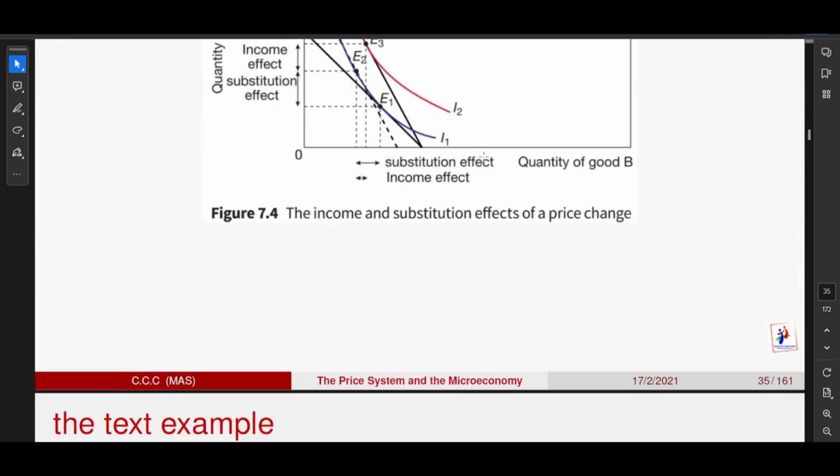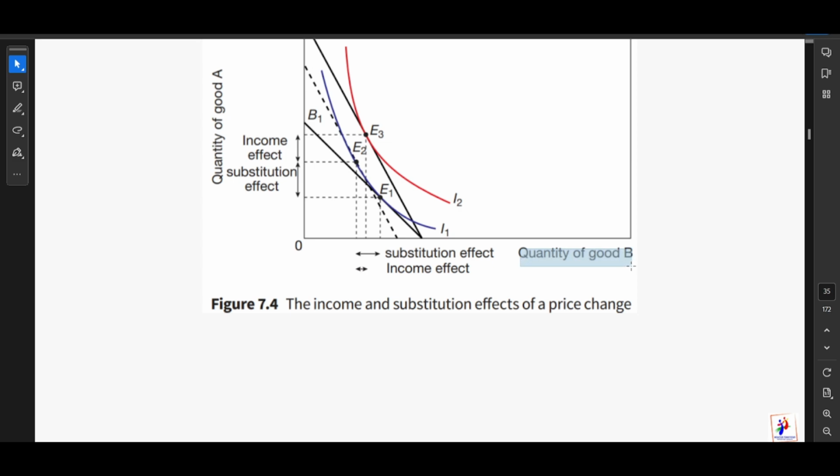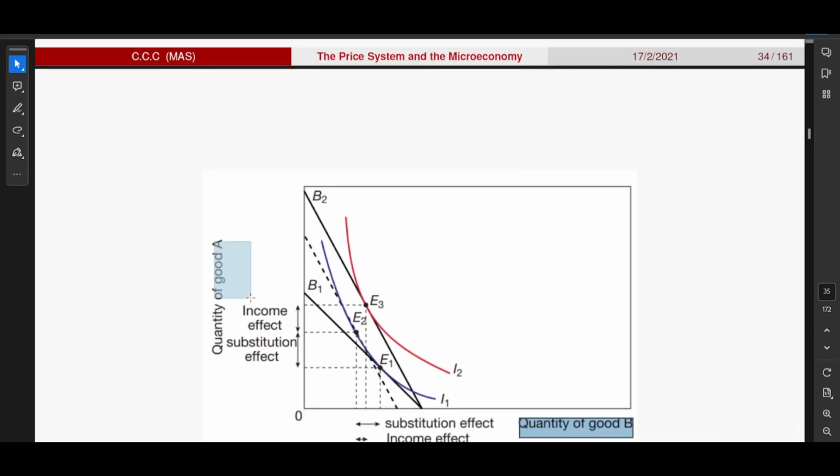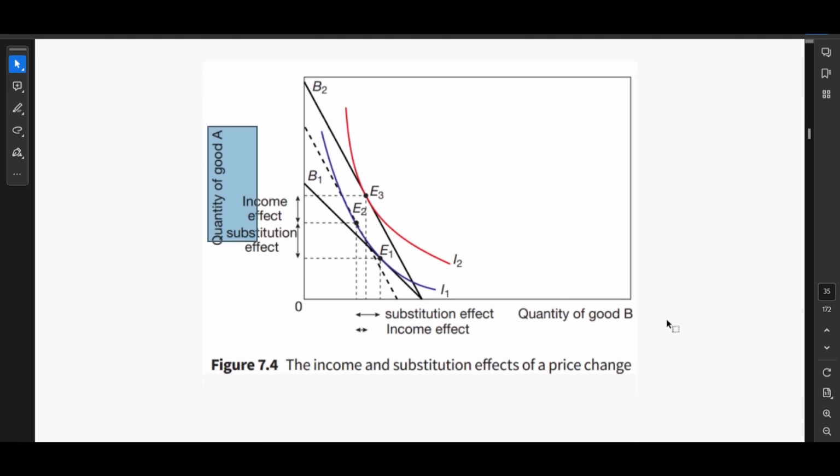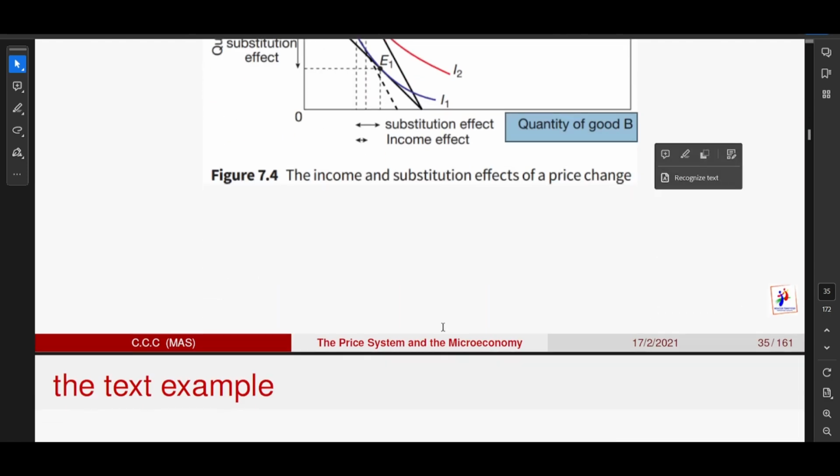So we know that B is an inferior good and A is actually a normal good, right? Your income has increased and your consumption of A has increased. That means A is a normal good and B is an inferior good.